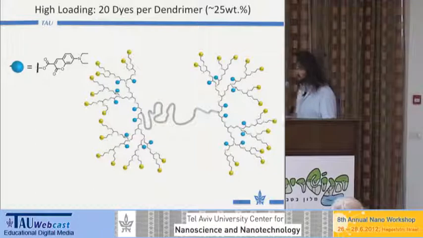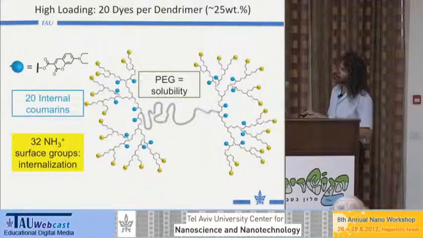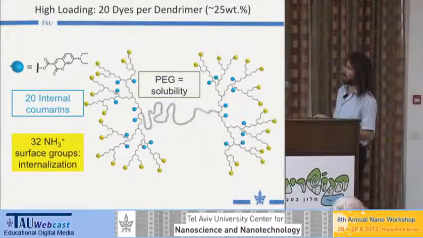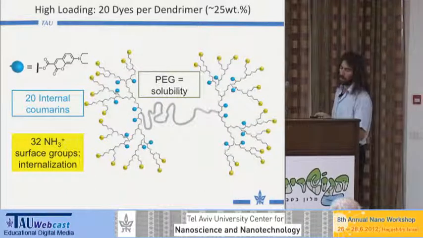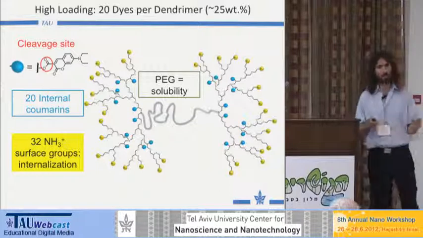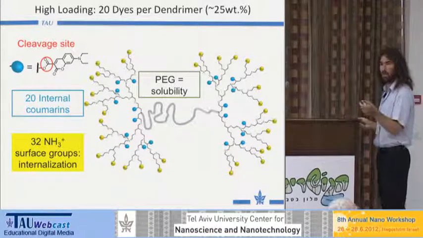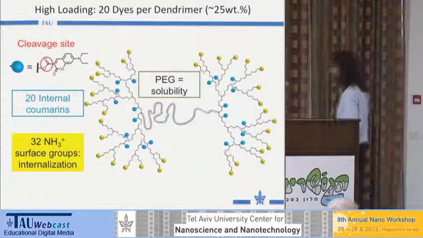So we generate the structure that schematically looks like this. We have the PEG in the middle that would help us to give solubility. We have 20 internal coumarins and 32 amines on the surface. Now, each coumarin is bound by an ester bond to the dendrimer that potentially could be hydrolyzed by a hydrolytic enzyme inside the endosome.